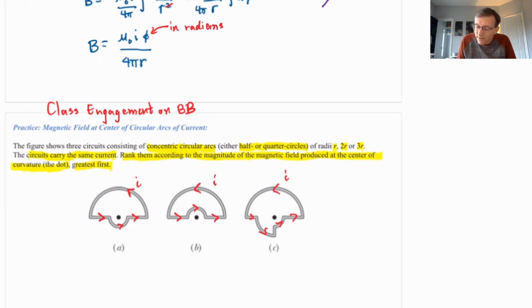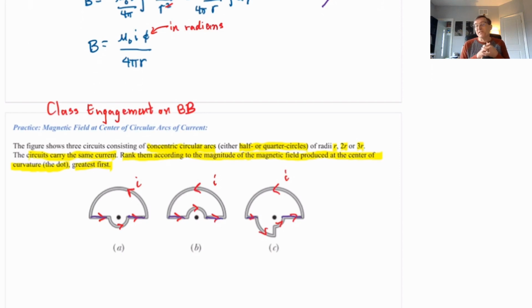Now, some of you, I bet, are wondering about the effects of these regions right here and here, here, and here, here, and here, which are not arcs at all. They're straight segments. Okay?